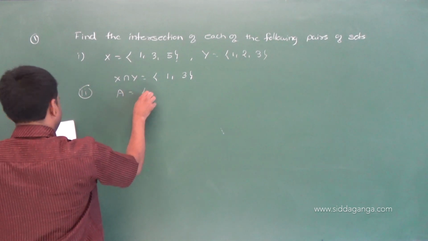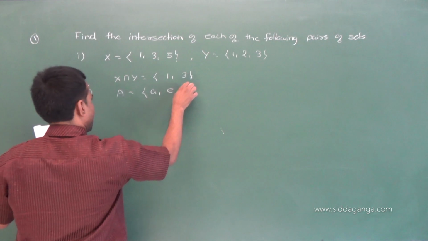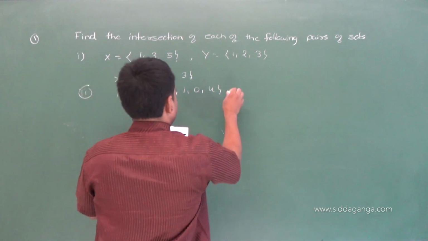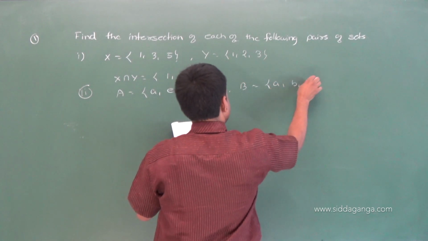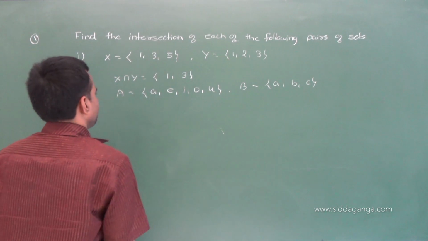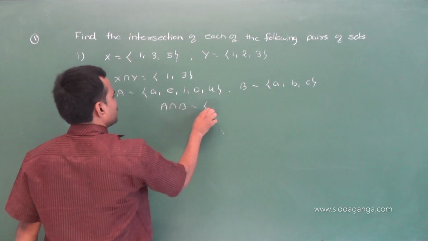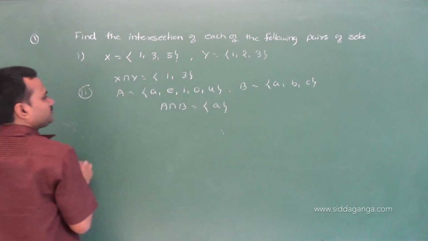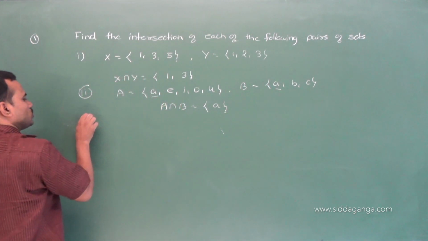Second question. A is equal to {a, e, i, o, u}, B is equal to {a, b, c}. So A intersection B is what? Only one element, that is a, present in both sets. Yes? Third question.